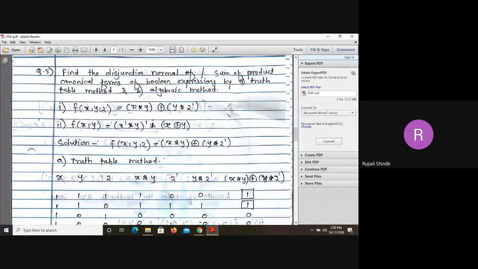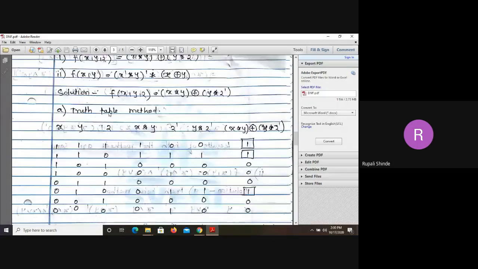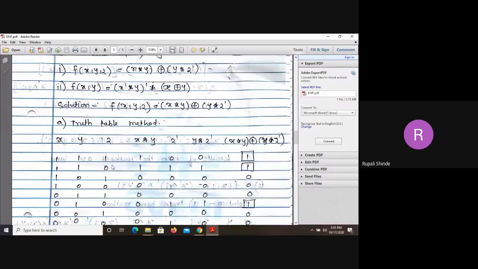Again consider that this function consists of three variables x, y, z. That's why our truth table will consist of 8 rows for x, y, z. Then for x, 4 times 1, 4 times 0. For y, 2 times 1, 2 times 0. For z, 1, 0, 1, 0, like that. Now check here. First term is x star y.